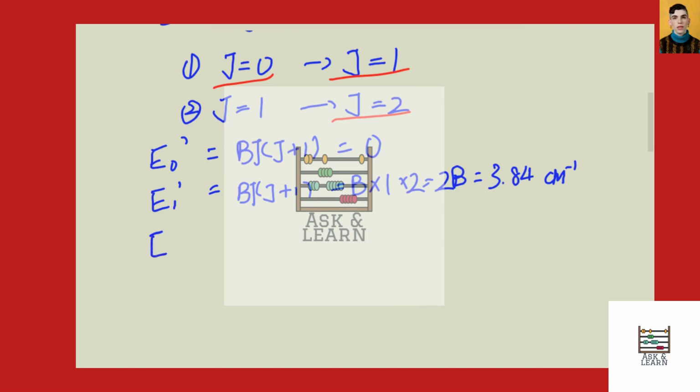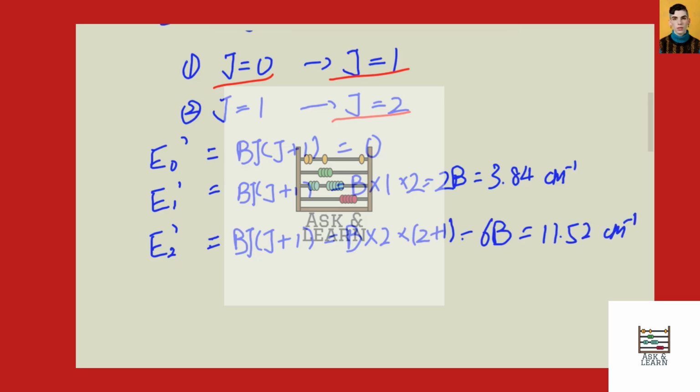And for the second excited state, this time J equals 2. So it becomes 2 times 2 plus 1, so it's 6B. And this equals 11.52 inverse centimeters.